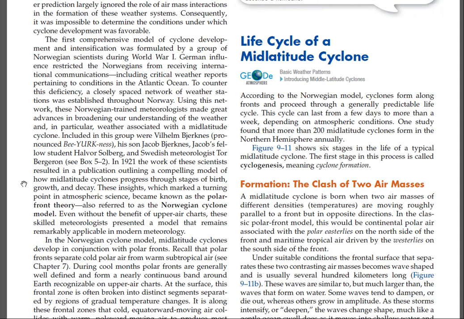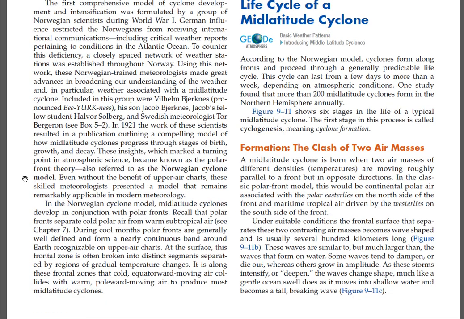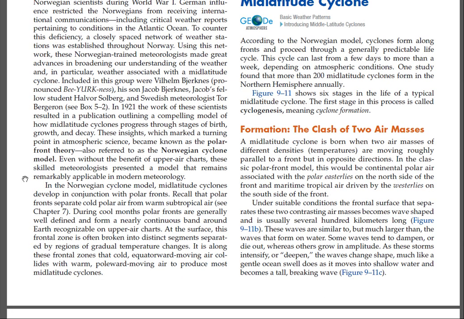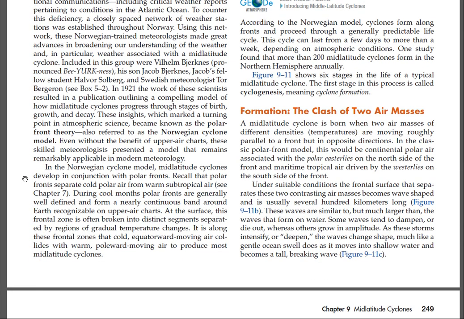These insights, which marked a turning point in atmospheric science, became known as the polar front theory, also referred to as the Norwegian cyclone model. Even without the benefit of upper air charts, these skilled meteorologists presented a model that remains remarkably applicable in modern meteorology. In the Norwegian cyclone model, midlatitude cyclones develop in conjunction with polar fronts.